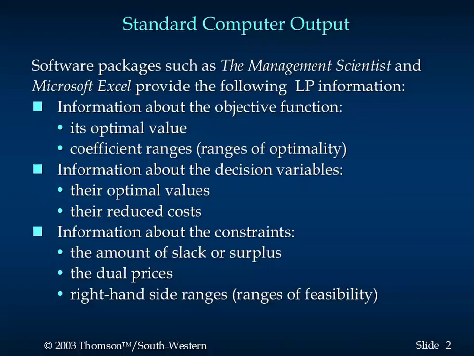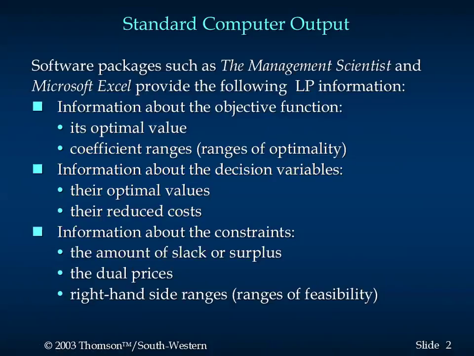So, first of all, information about the objective function. It will tell us what is the optimal value and what are the coefficient ranges. As we're going to see, the coefficient ranges are the ranges within which our solution remains optimal. That is the range of objective function values within which our solution remains optimal. That's called range of optimality. That's the first thing we're going to look at.